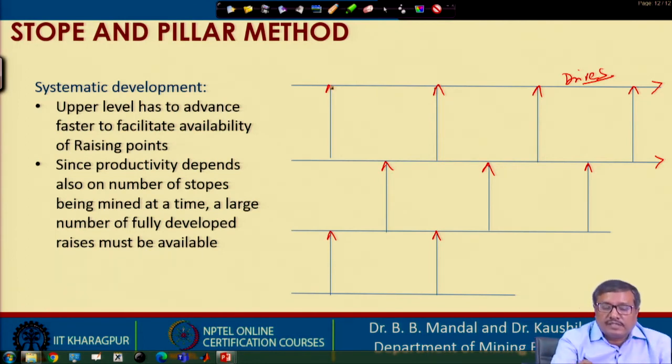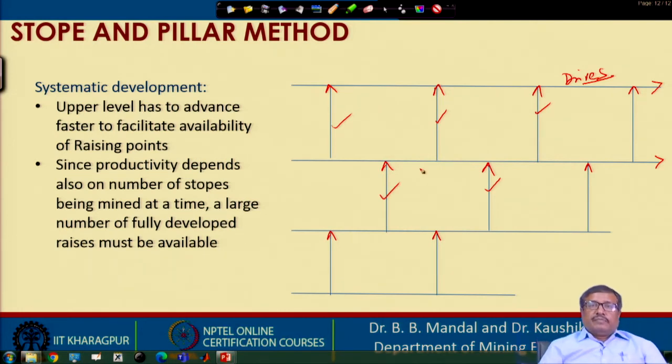Depending on the planning, you can have 2, 3, 4 stopes at a time, which will increase the production. So, that is the flexibility. Whenever you require more, you can start. You have more manpower, more machines, you can increase productivity. It is a very flexible method that way.